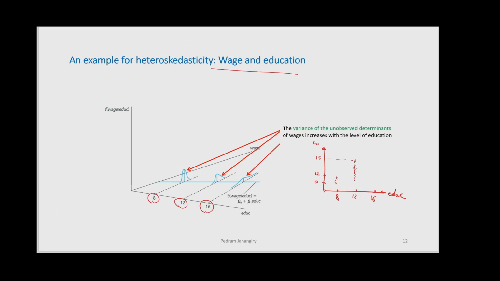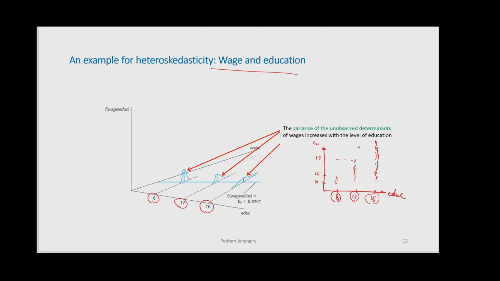And for master's degrees, oh, sorry, this is a high school diploma. This is maybe some elementary school and things like that. And then this is bachelor. So for bachelor, maybe the variance is even higher. I think you should be able to relate to this example pretty easily.